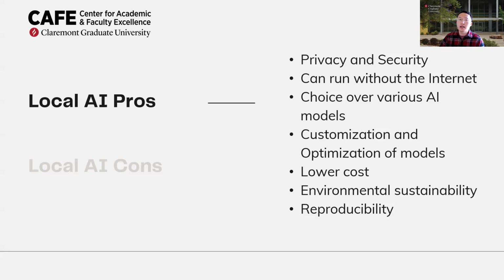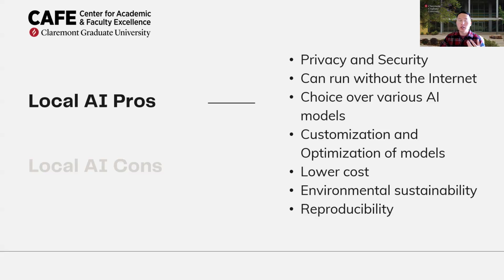And my next point is that local AI can also provide you with choice over various AI models. So think about when you're using services like ChatGPT, you're often limited to a certain number of models provided through the company. But in reality, there are hundreds, if not thousands, of AI models out there that are available.